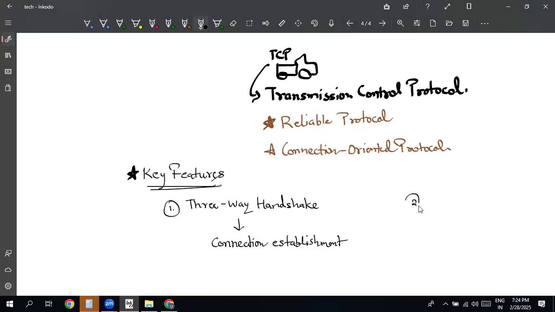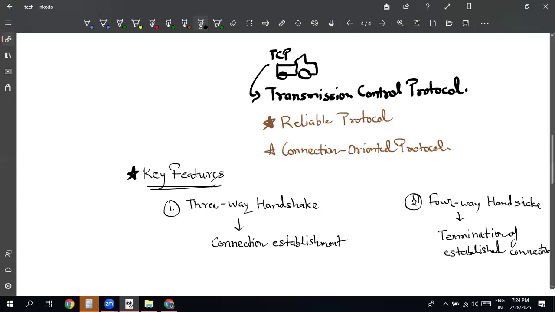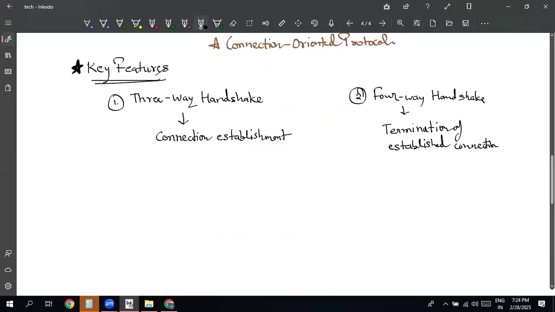Then we have the second feature, the four-way handshake, which is used for the termination of the connection. We'll see how the three-way handshake and four-way handshake work all together and go hand in hand. Let's look at that.